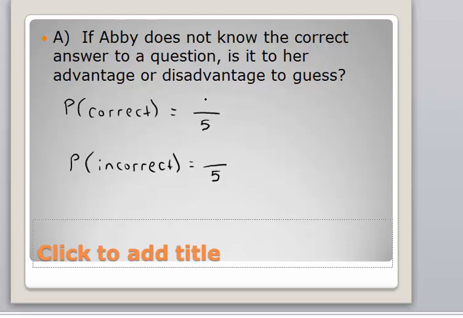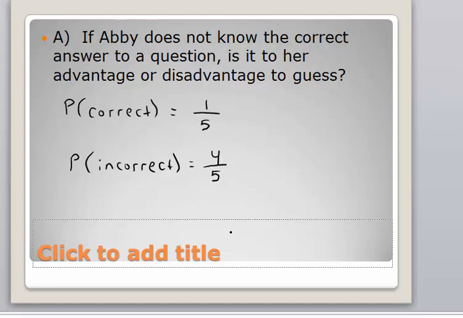So Abby has a 1 in 5 chance of guessing the answer correct. The other 4 answer choices are incorrect. So she has 4 chances out of 5 of guessing an incorrect answer. So the probability that she guesses correctly is 1/5. The probability that she guesses incorrectly is 4/5.